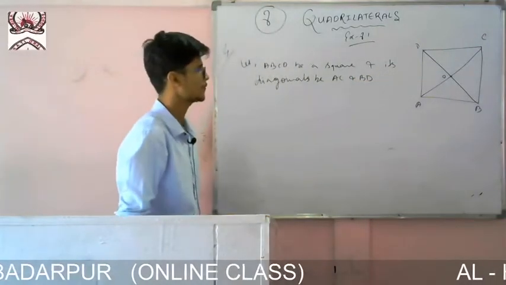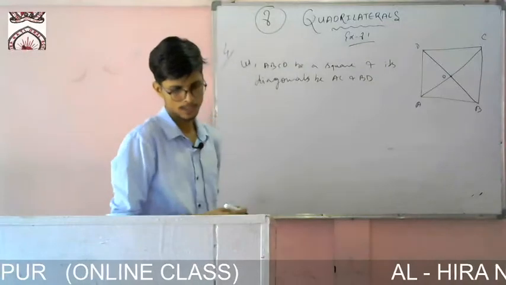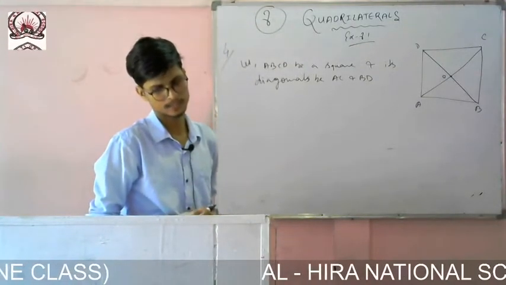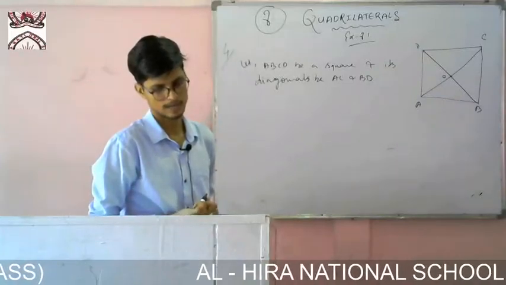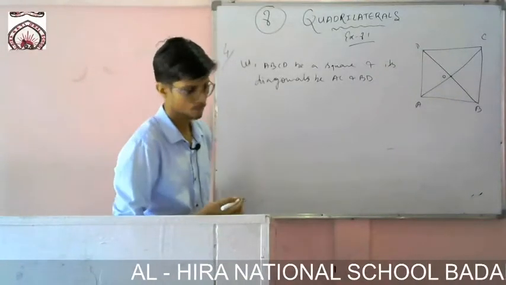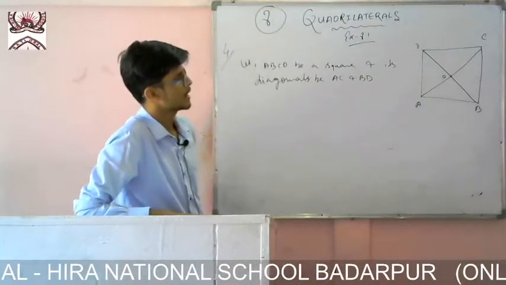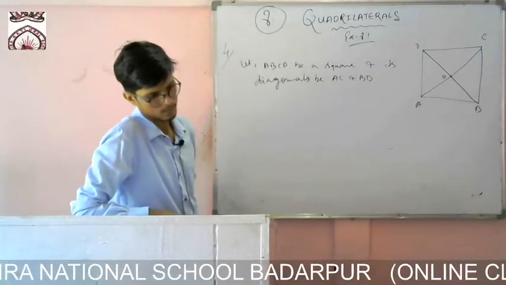First, I have to show that the diagonals of a square are equal, then that they bisect each other, and then at last that they do so at right angles. So one by one we will go on proving. First of all, my motive is to show that AC is equal to BD.